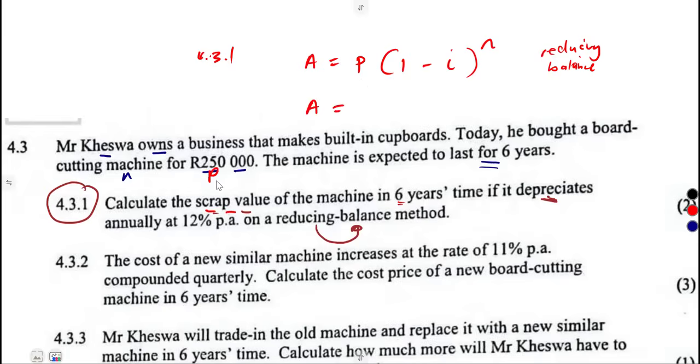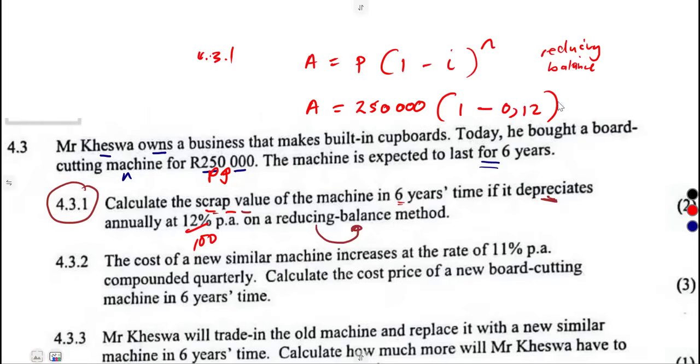Remember, principal, the amount that you started with, 250,000. All right, into 1 minus the interest, which is the annual per annum. We are given this is per annum. So it is not effective. Yearly. Divide by 100, that's 0.12.